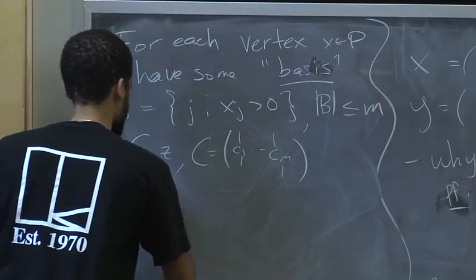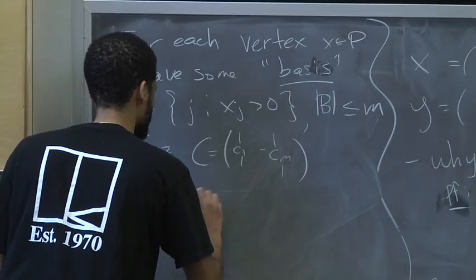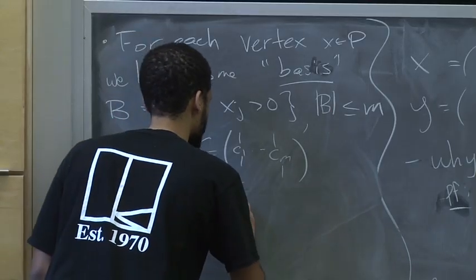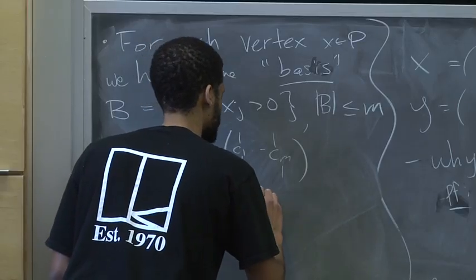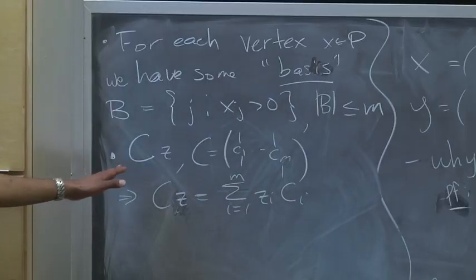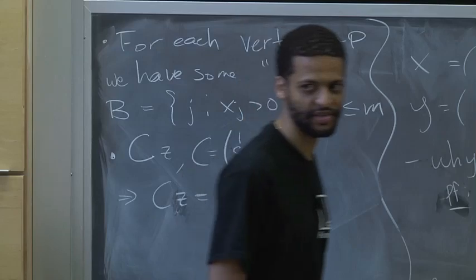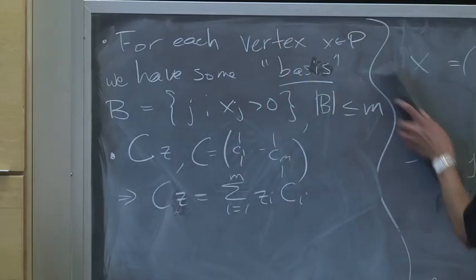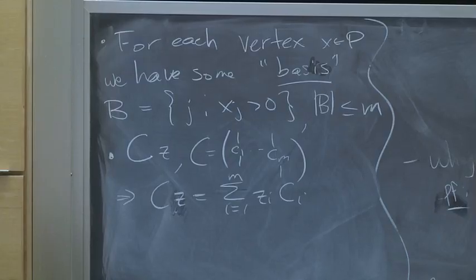You can verify this yourself if you want, Cz is just the sum over i from 1 to m of zi Ci. So the zi's are scalars, right? So whenever you have a matrix vector product, it's just a linear combination of columns, right?